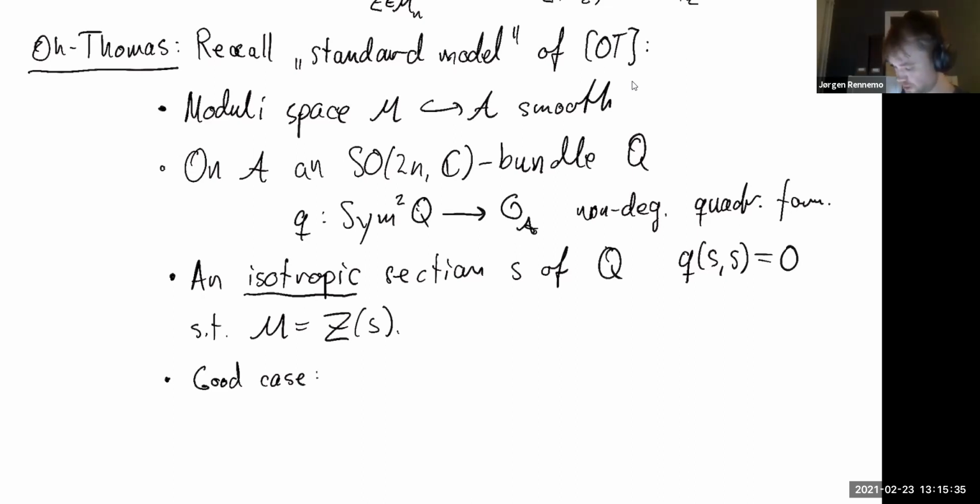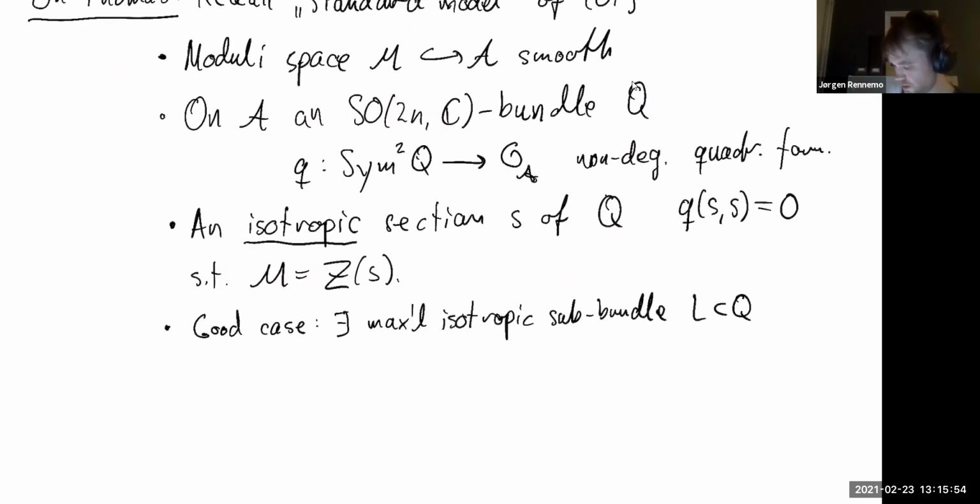You can hope that there exists a maximal isotropic subbundle L inside of Q, right? So maximal isotropic means that the rank of the bundle is exactly half of Q, and that the quadratic form identically vanishes on L.